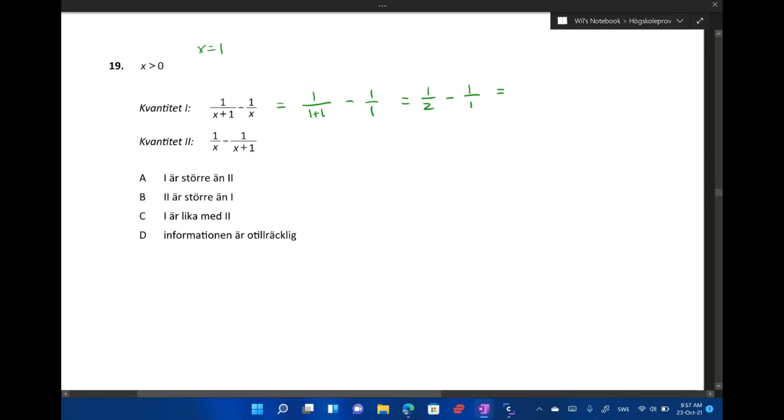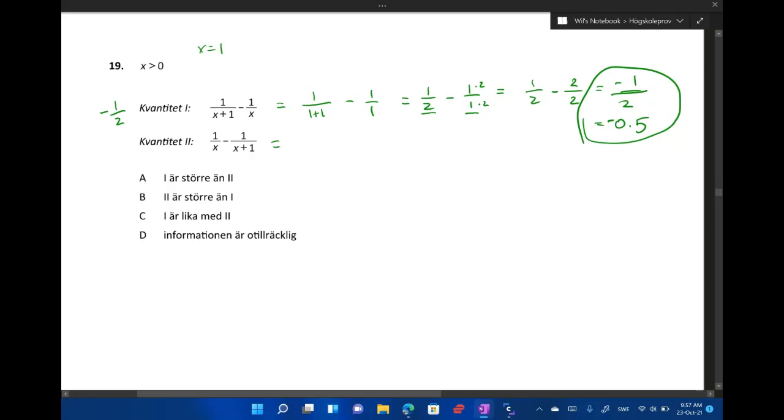If we want to make the same bottoms, we times this by 2, and that's the same as 1 over 2 minus 2 over 2, which is negative 1 over 2, or 0.5, it's negative. So this is negative 1 over 2.